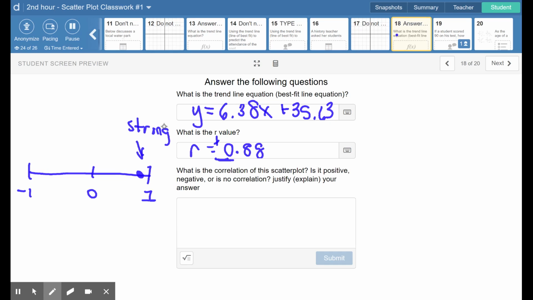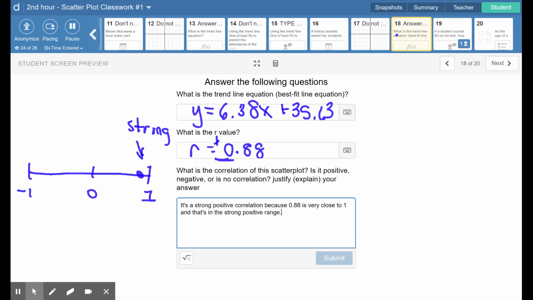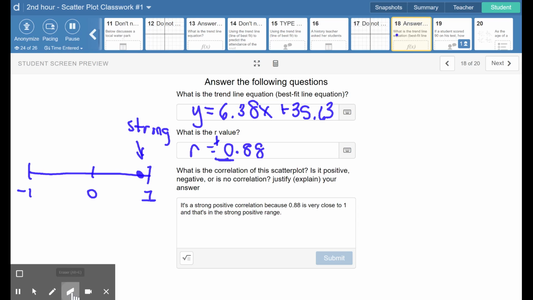And since it's a positive correlation, so it's a strong positive correlation because 0.88 is very close to 1, and that's in the strong positive range. And of course you can word it differently, but as long as you use the word strong and positive, it will be fine enough for me.